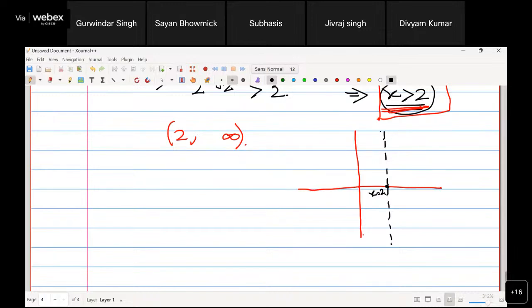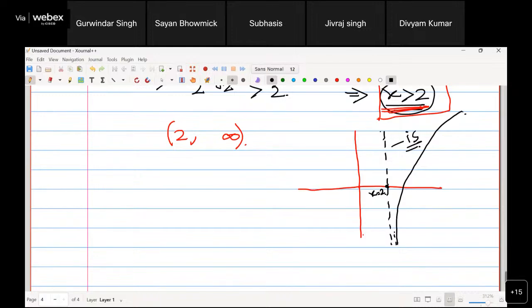Since the domain is basically 2 to infinity, the graph should look like this. One thing I can say is that this line is a vertical asymptote. Yes, correct.